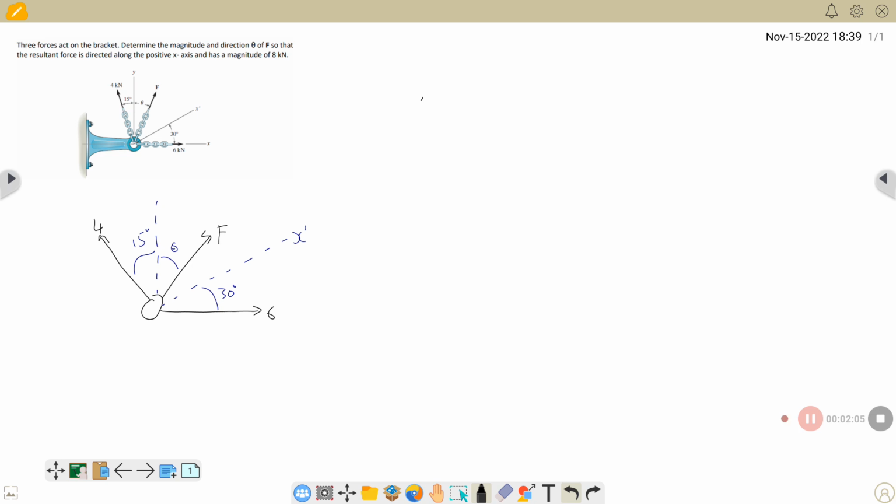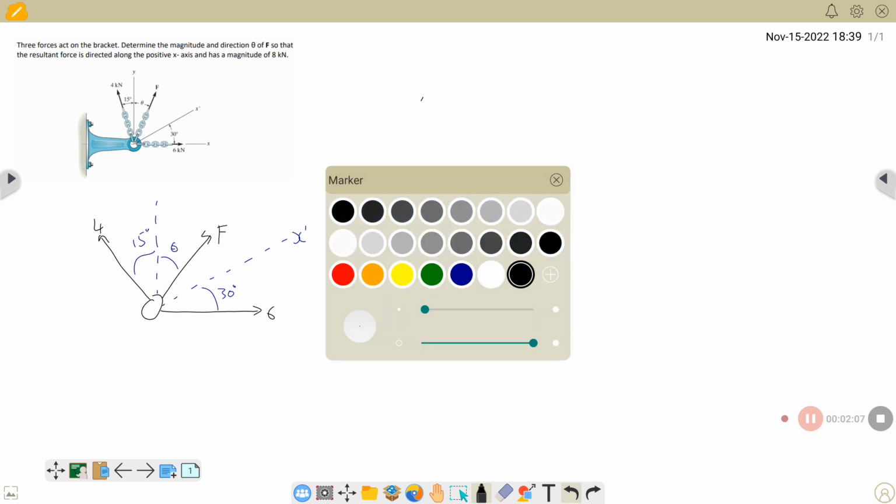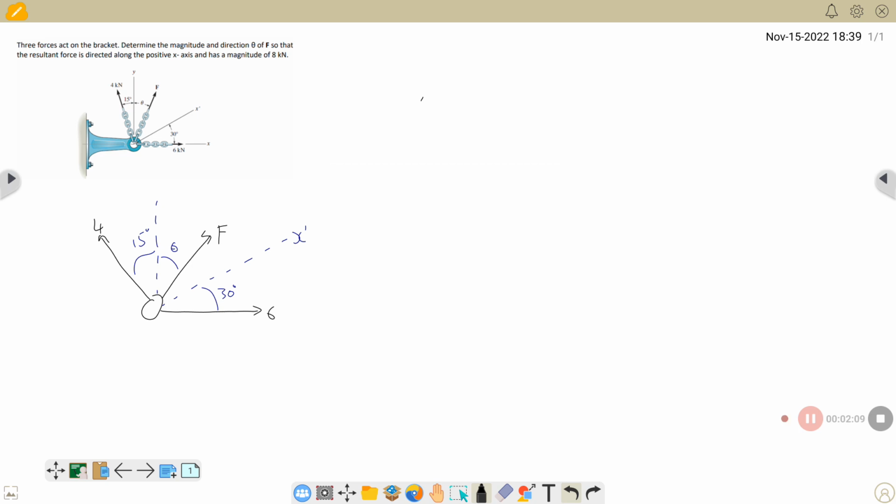As you may be accustomed with for more beginner style problems, we can just resolve horizontally and vertically. So I can say that the sum of the forces in the x in this instance are equal to minus 4 sine 15 plus F sine of theta plus 6. Is that solvable?